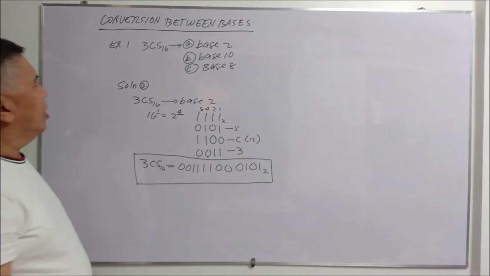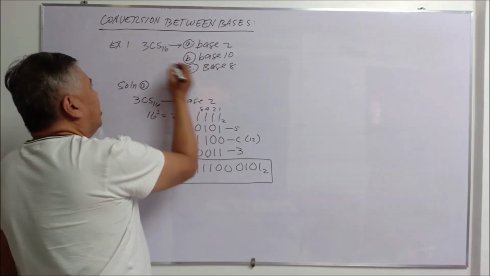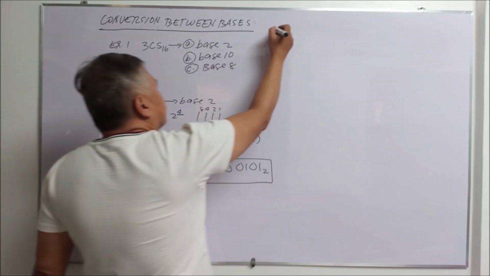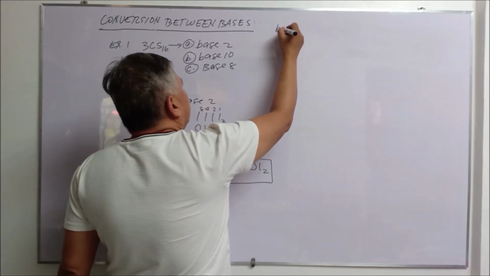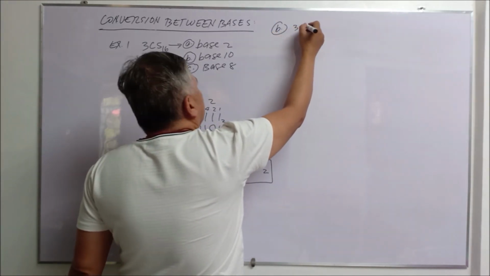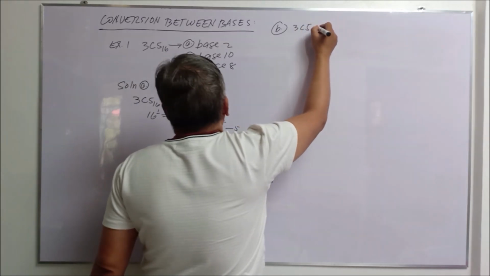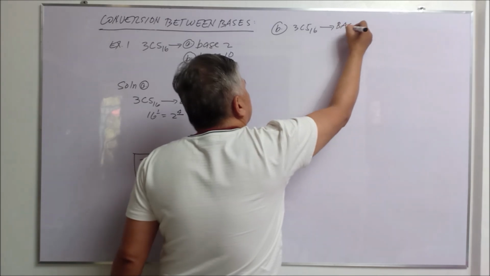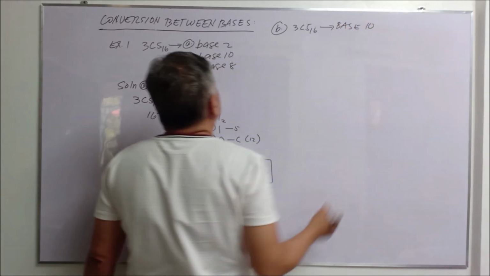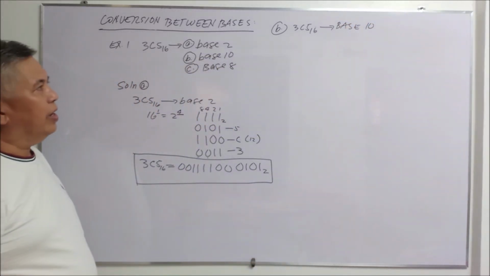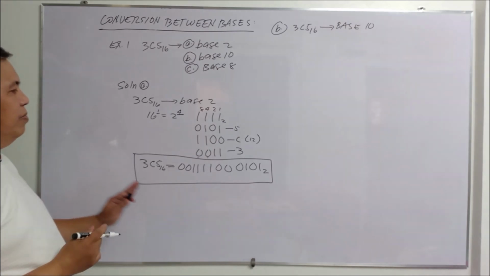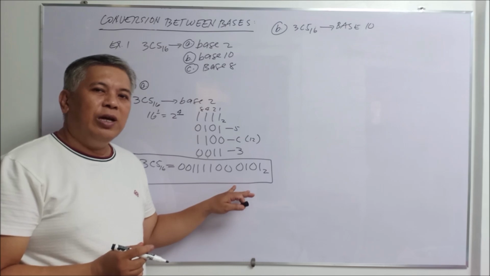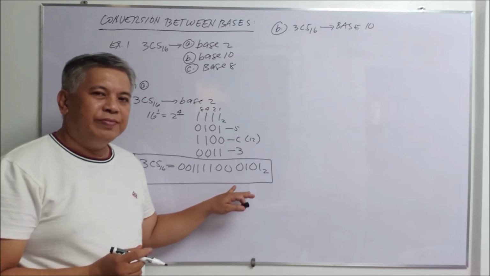Now, how about 3C5 converted to base 10? So, letter B, 3C5 of base 16 to base 10. Okay? So again, we make use of the binary number that we have already obtained.